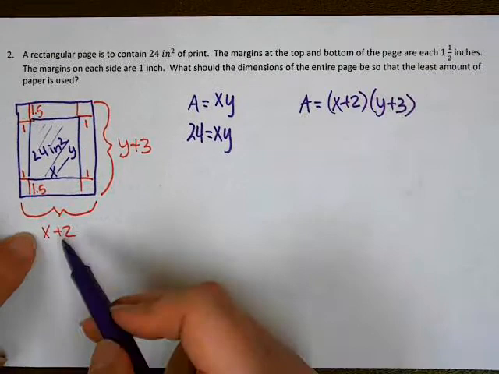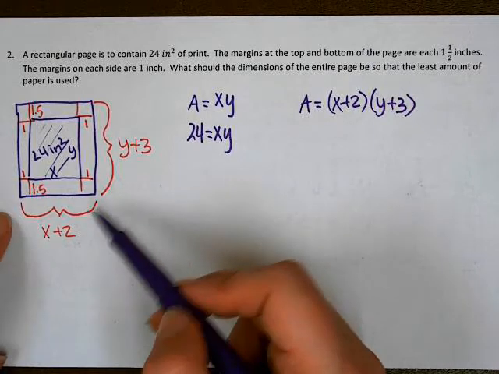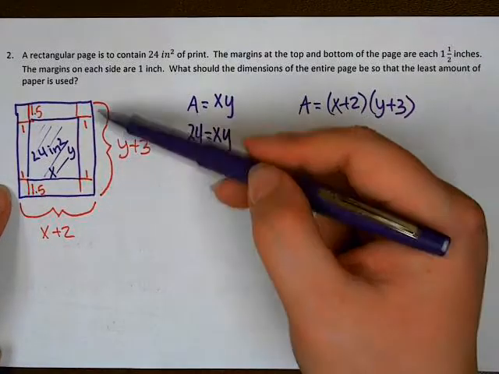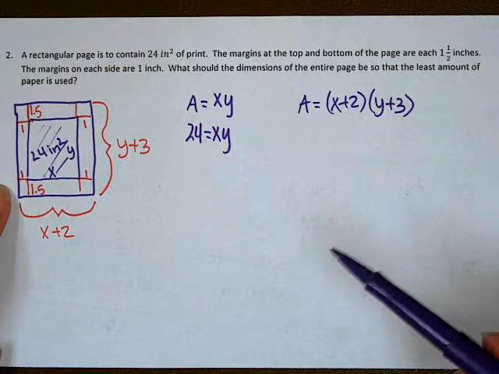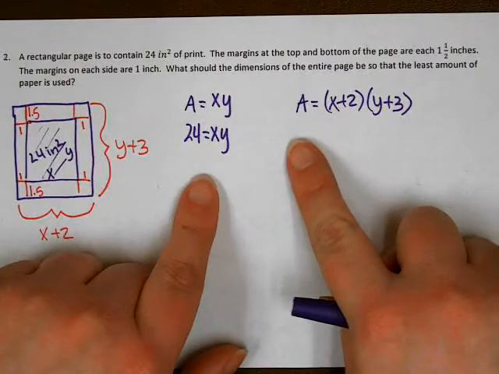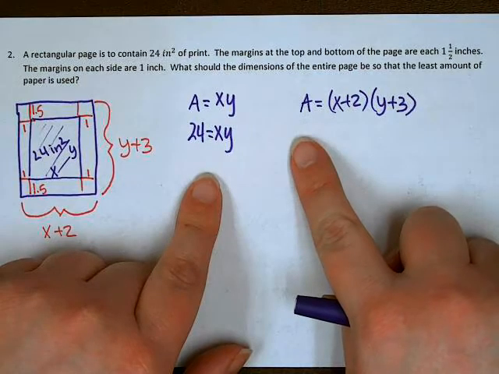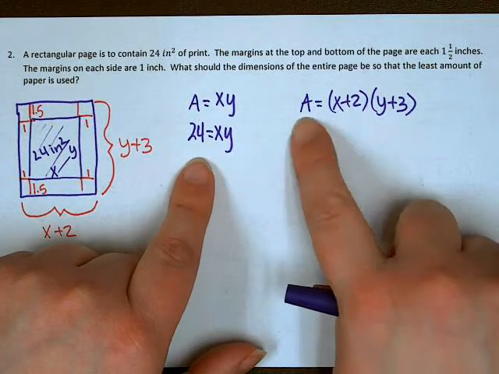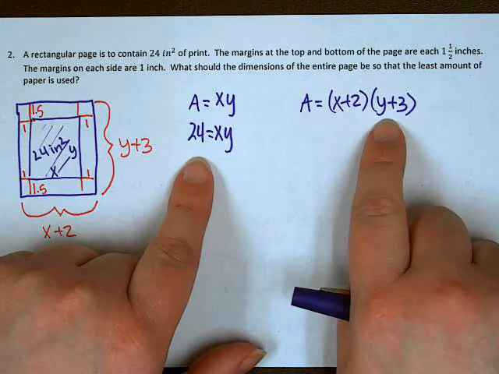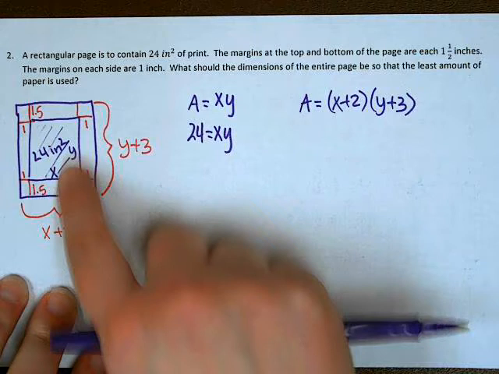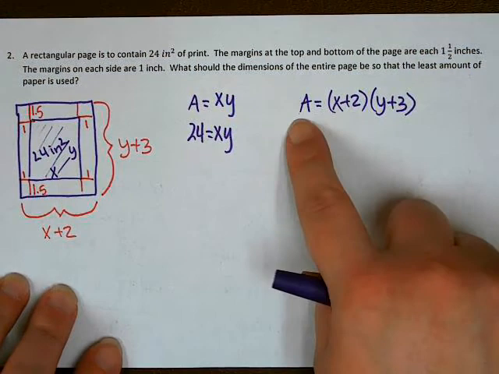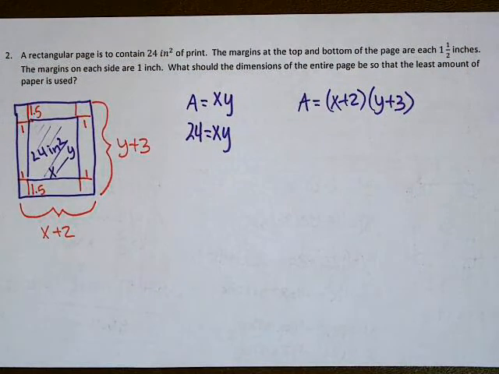I don't know what X and Y are, but I know I added 1 inch on either side and 1.5 inches on the top and the bottom. So I think what confuses students here is that these are both area formulas, because a lot of students set the 24 equal to this, and that's not correct. 24 is this area inside. This area is talking about the area of the whole thing.